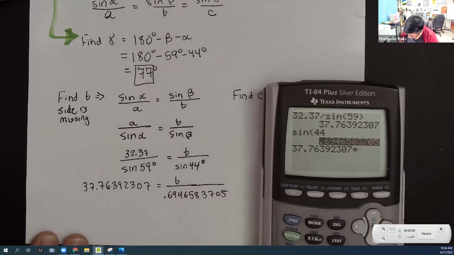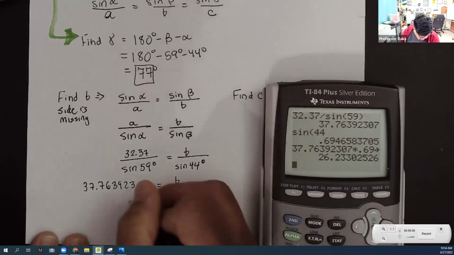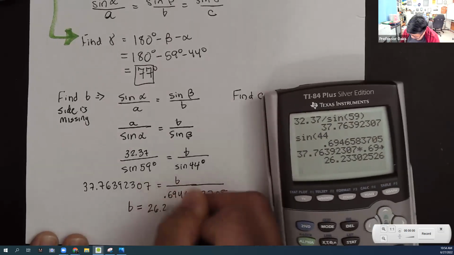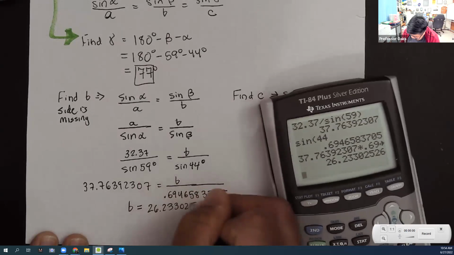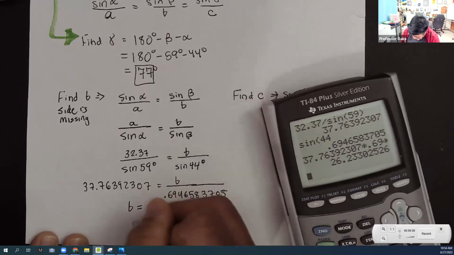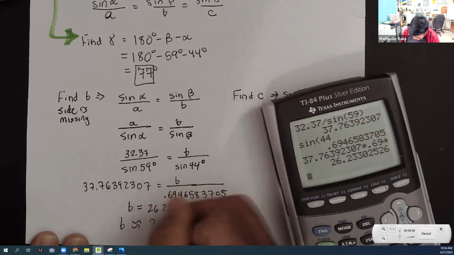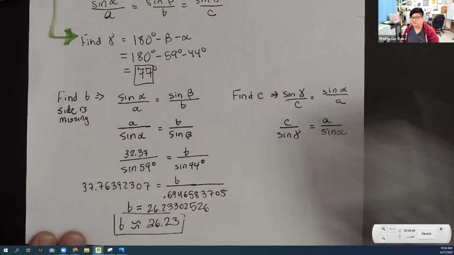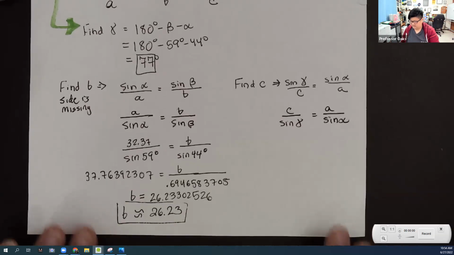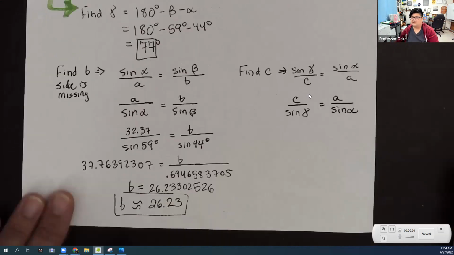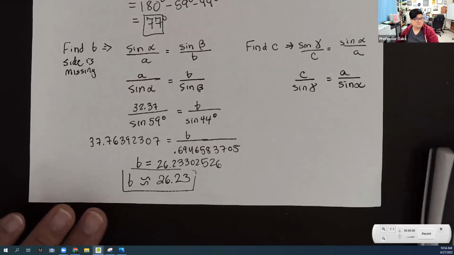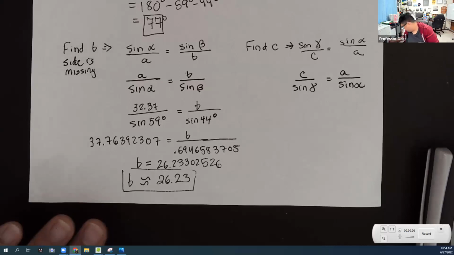If you do that, then B is equal to 26.23302526, or about 26.23 to 2 decimal places. I don't think that's too bad, but you just have to keep track of those numbers.